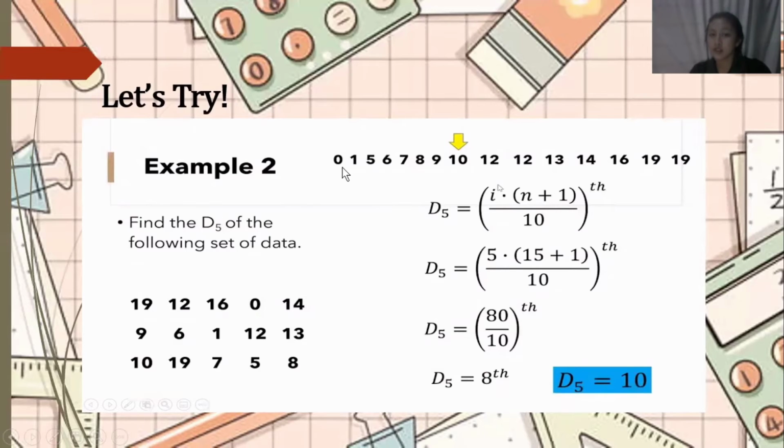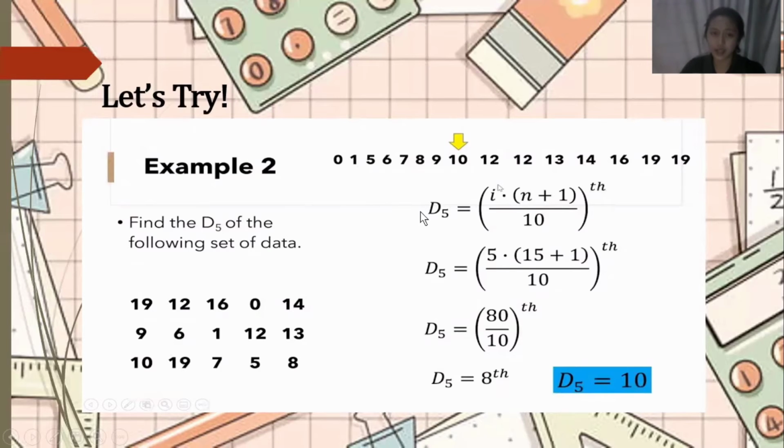Again, first thing to do is to arrange the data given from smallest to largest. So, let's start with 0, followed by 1, up to 19.